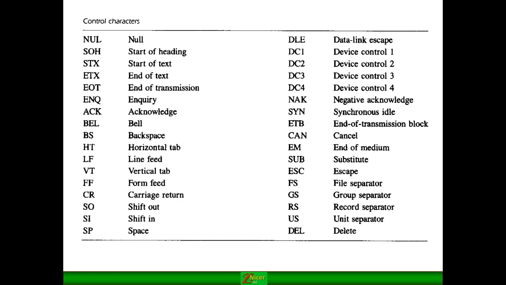And these are some of the control characters of our ASCII. Null is null, SOH is start of heading, STX is start of text, and we can use all these control characters in our programming.